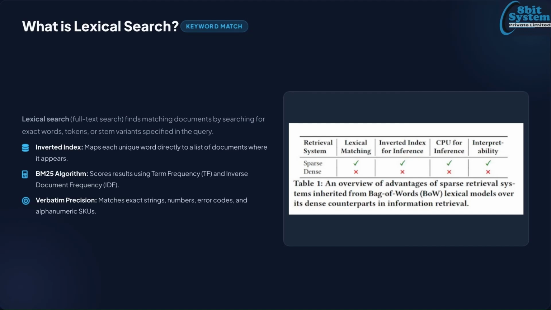The second is the BM25 algorithm, which is also known as Best Match 25. Finding documents is only the first step. Now the search engine has to decide which document should appear first. This is where the BM25 algorithm comes in. BM25 calculates a relevance score for every matching document using two important concepts. The first is term frequency, or TF. This simply checks how many times a search term appears in a document.